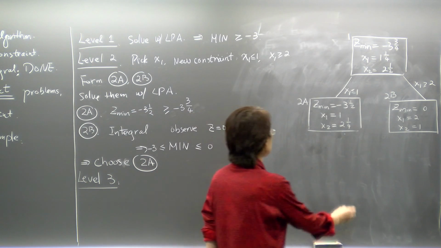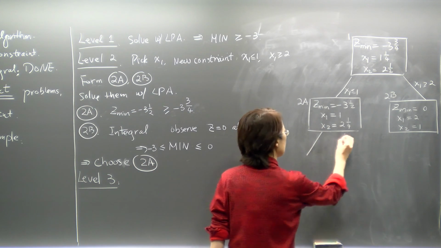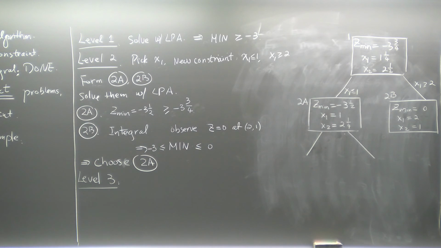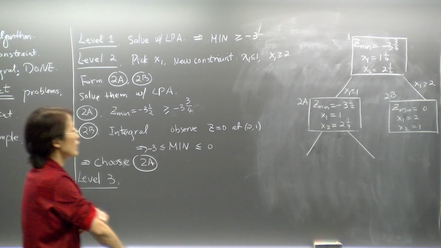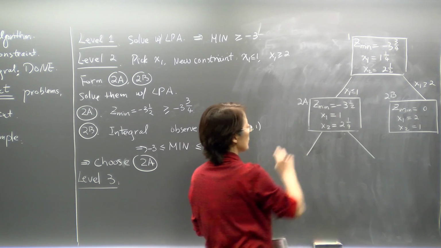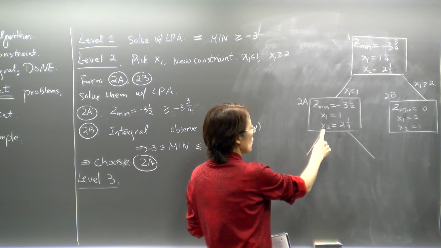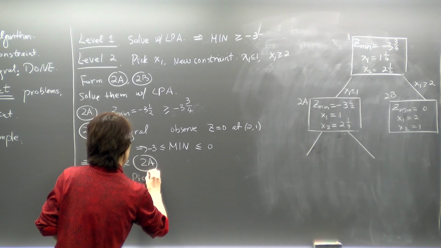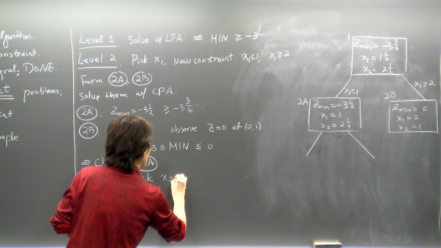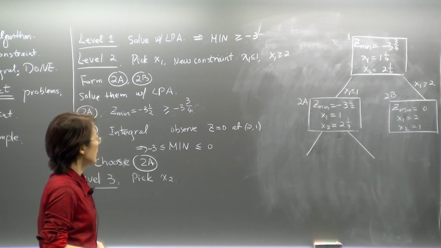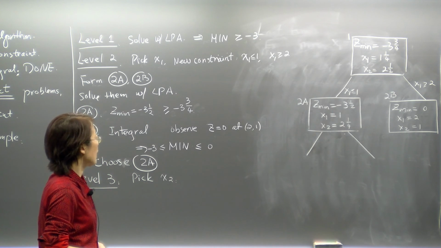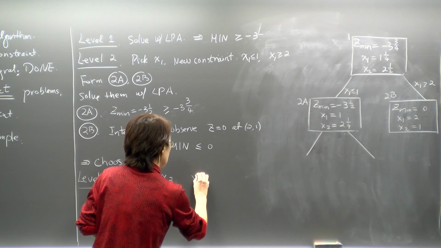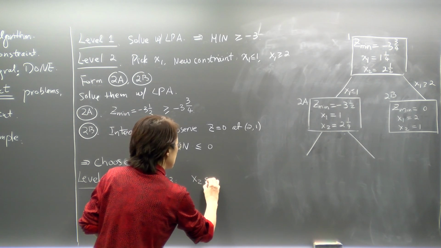Starting with problem 2a, I will add a set of constraints that are disjoint, that will not include the optimal solution here in it. So x2 is the one that has the fractional thing. And so I will pick that one. So my constraint will be choosing x2 less than 2.